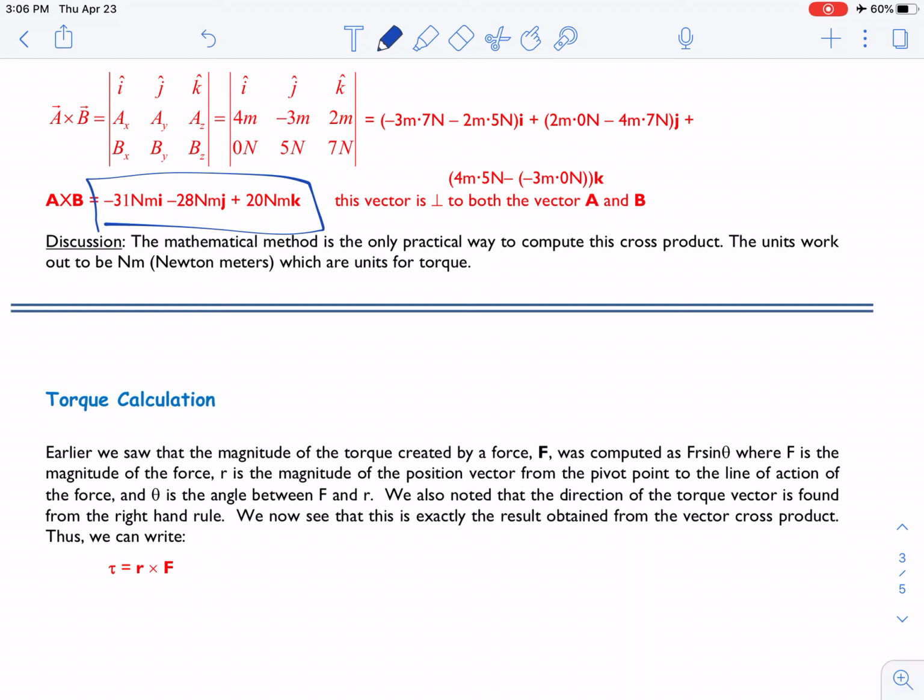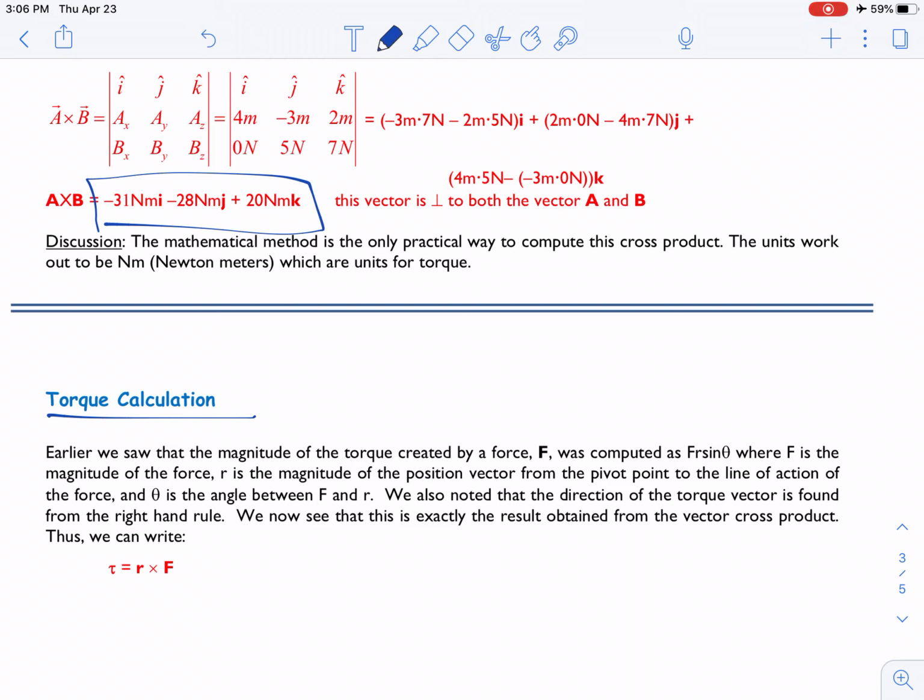And what is the torque calculation? So we saw that the magnitude of torque created by a force F was computed as F times R times sine theta. And F and R here are the magnitudes of the force and the moment arm, the distance from the pivot point to the force point, respectively, okay?